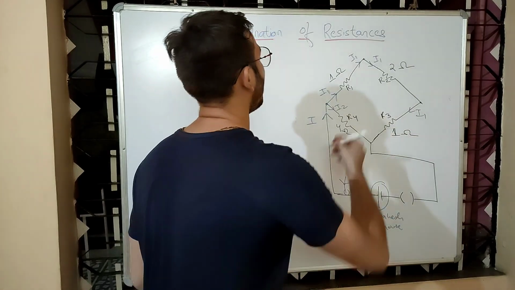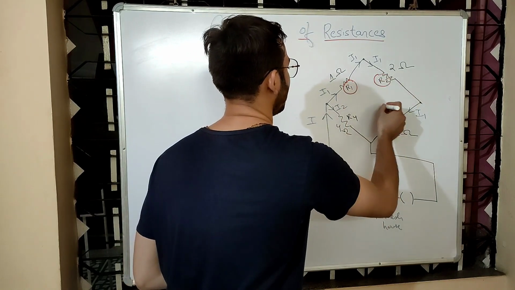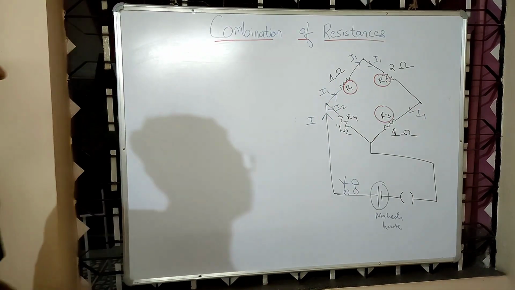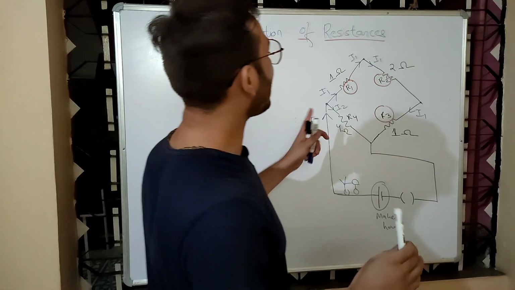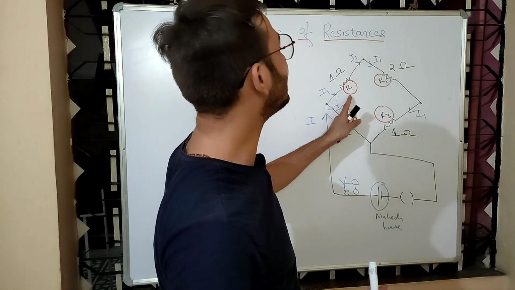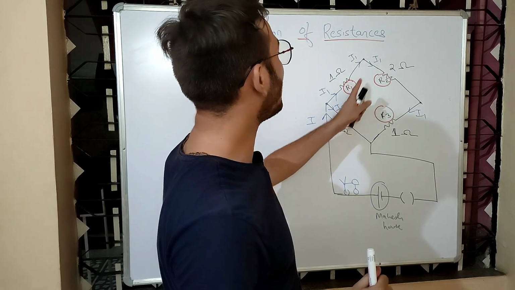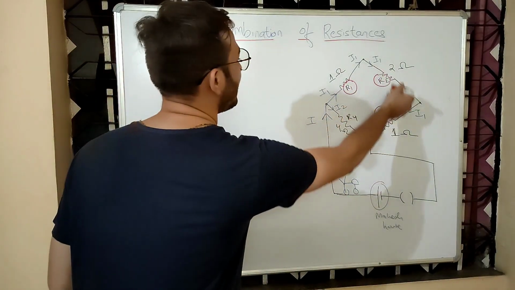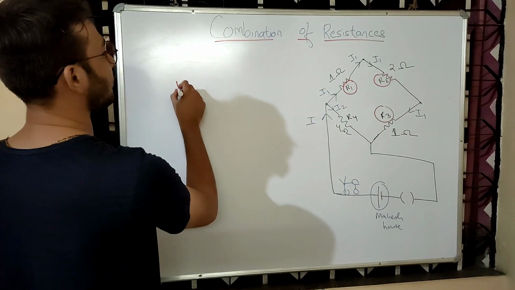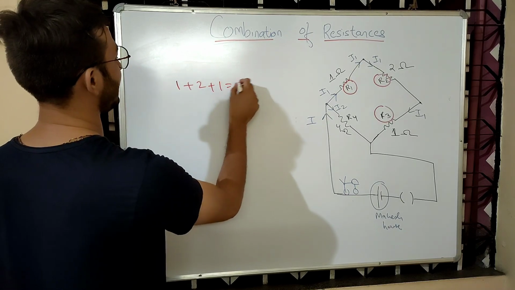So these resistances, R1, R2 and R3, will be in series combination. Whenever the path remains the same, the resistances will be in series. So R1, R2, R3 will remain in series, and इन तीनों का equivalent क्या आ जाएगा? Series में means 1 plus 2 plus 1, that is 4.